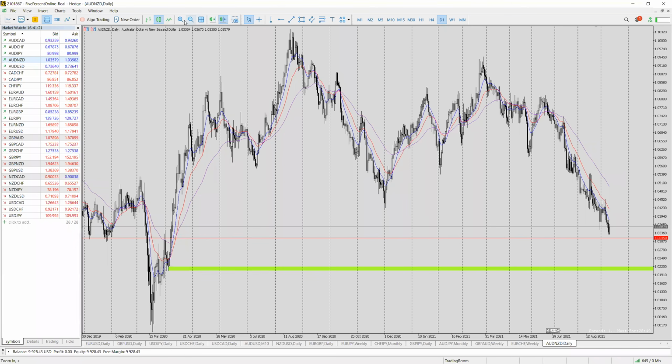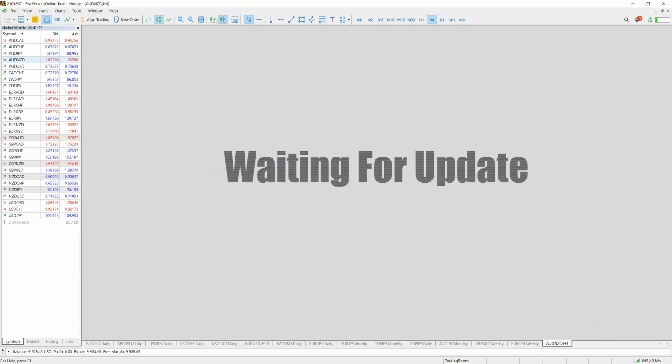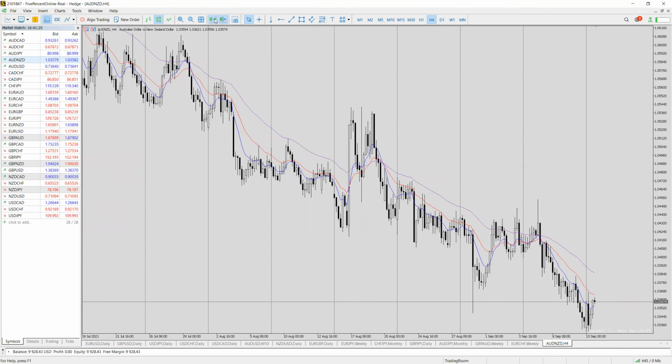As for the shorter time frame, you can see that the buyers are starting to go in. Okay, this is a bullish engulfing candle, and they're starting now maybe to accumulate.